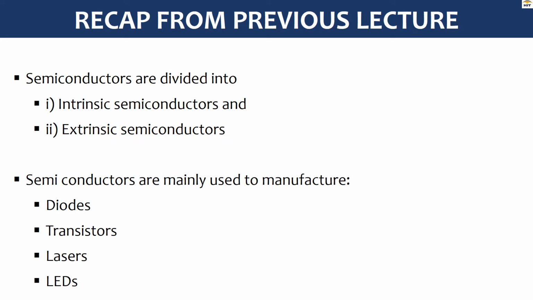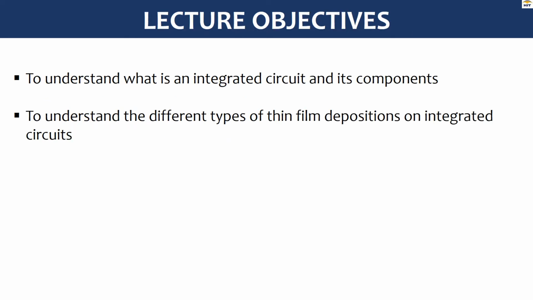We have intrinsic and extrinsic types of semiconductors. Then we also saw that semiconductors are mainly used in the production. We want to understand what is an IC or an integrated circuit, and also what are the components. Then we also want to understand the different types of thin film depositions that are found on integrated circuits.